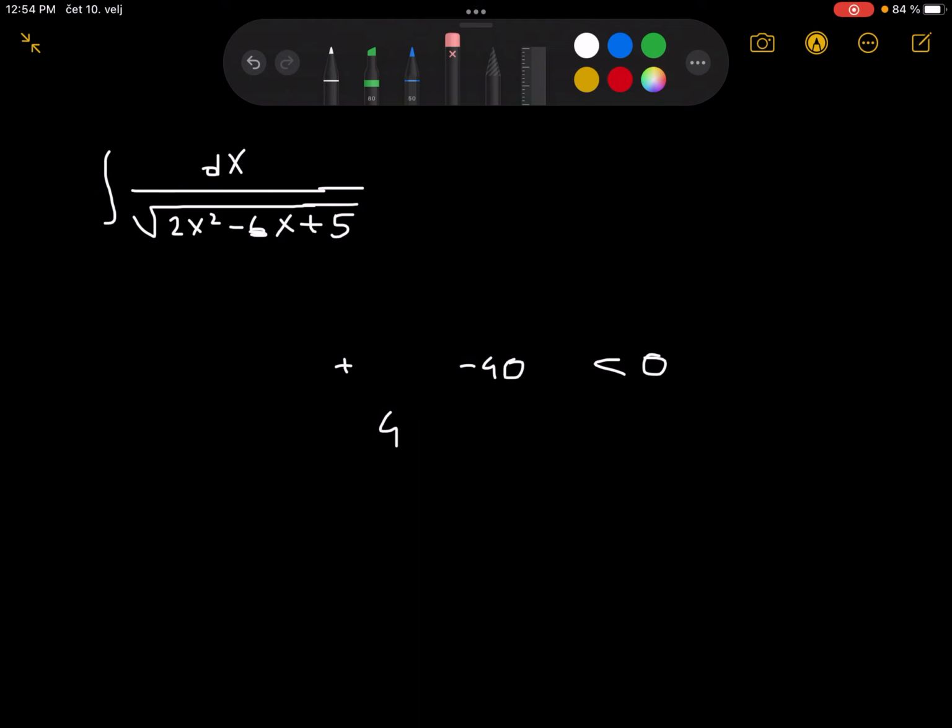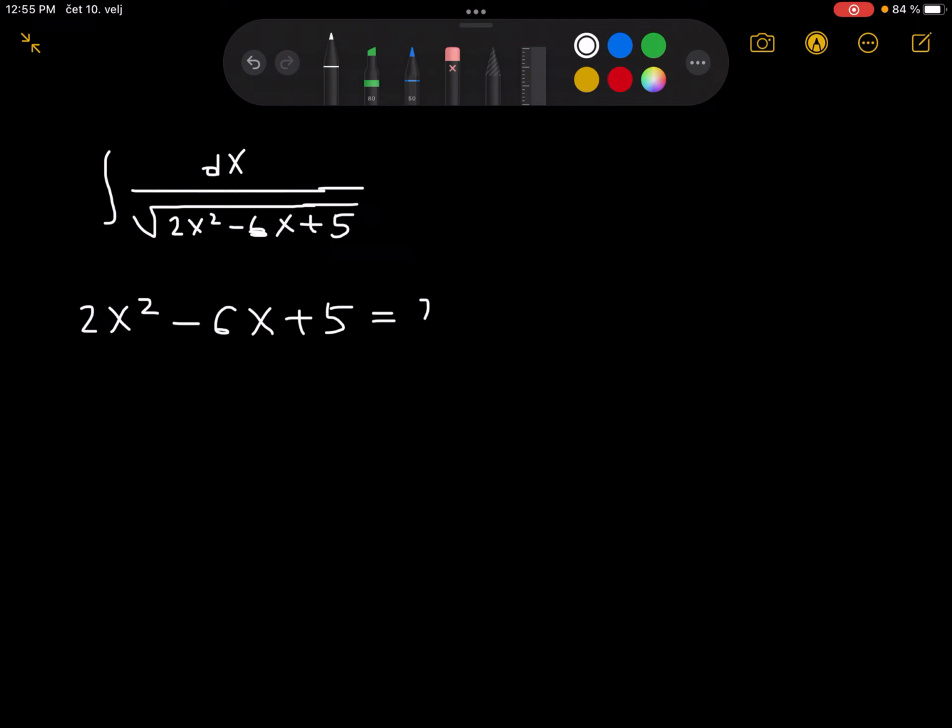What we can do instead is rewrite this integral in some other way. Okay, so I'm just going to rewrite this at first. Minus 6x plus 5.